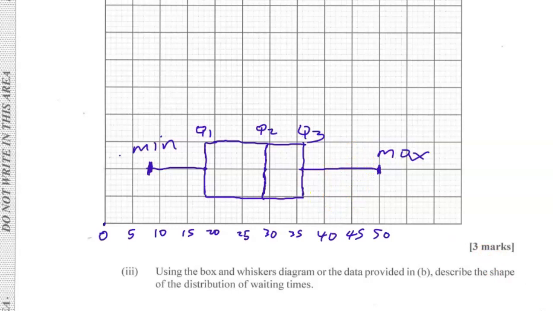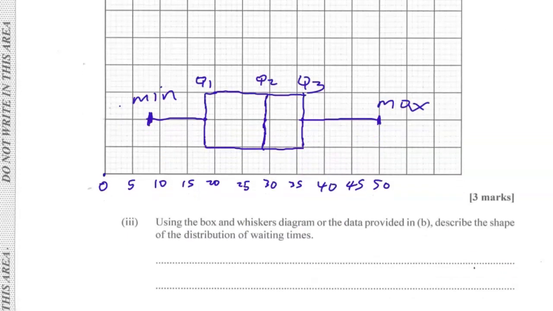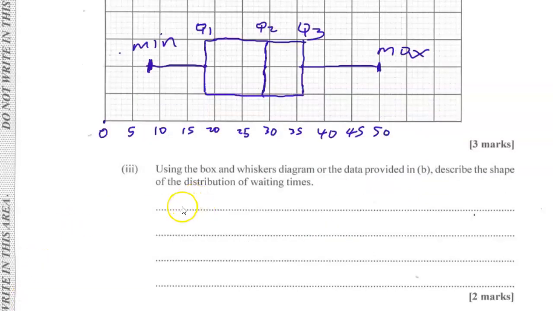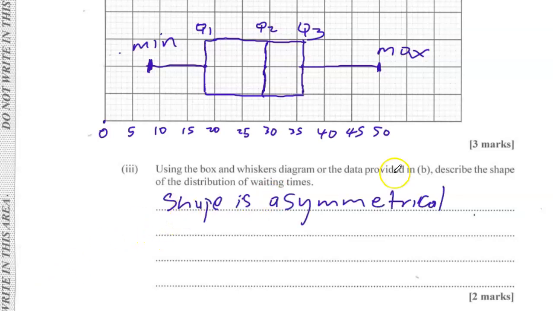Alright, using the box and whisker diagram, describe the shape of the distribution of waiting times. And of course the shape is asymmetrical. In other words, notice the median is closer to Q3.